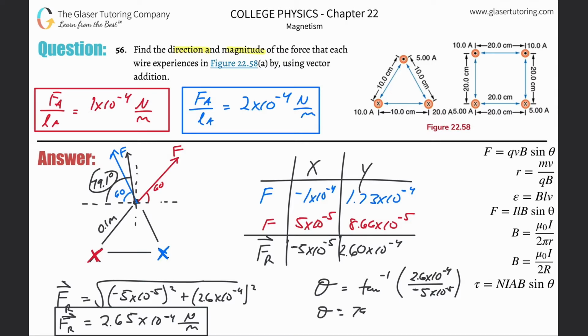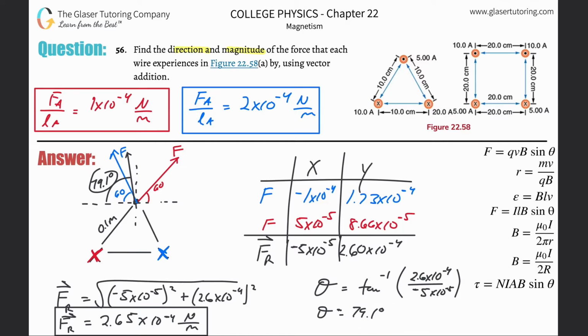So 79.1 degrees. So how would you answer now this question for just the first part of this 3-part process? You would answer it as 2.65 times 10 to the minus 4 newtons per meter at 79.1 degrees above the negative x-axis if you wanted, or you could state it in terms of the positive x. You can say counterclockwise, clockwise. You know what? There's so many ways to phrase this.